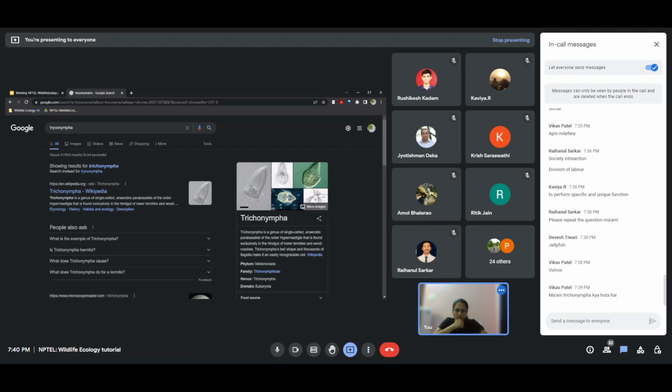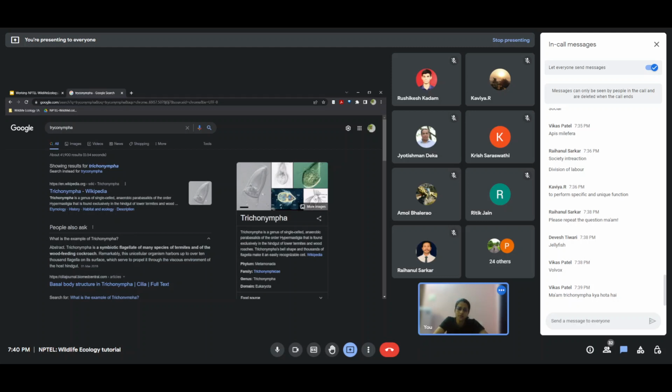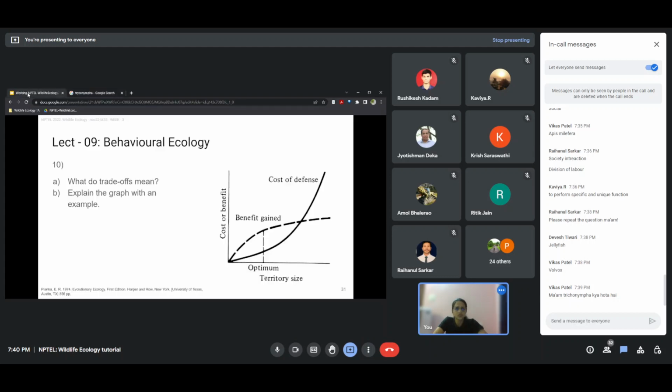Okay, I'm not sure. What does it do? Okay, I see it probably is a gut dwelling organism, but I'm not sure if it helps digest wood or not.